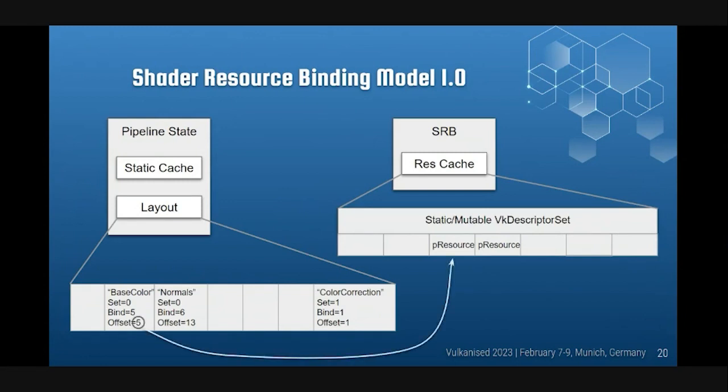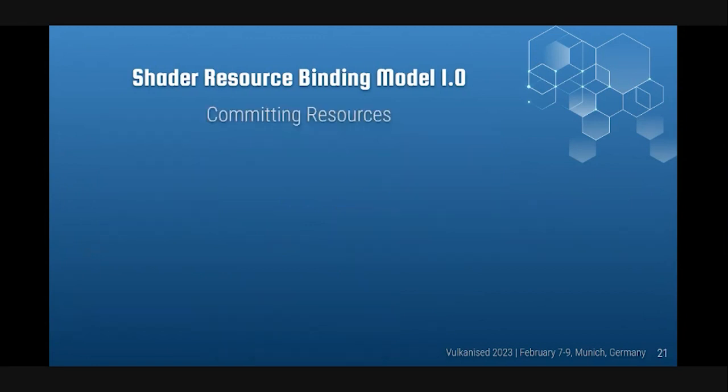And the cache offset in the layout defines where in this cache each resource resides. And for static resources, when a shader resource binding object is created, we copy resources from the static resource cache that is maintained by the pipeline state object to the shader resource binding object.